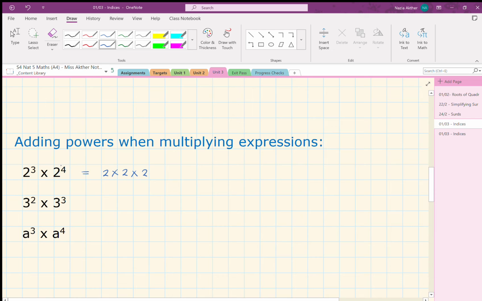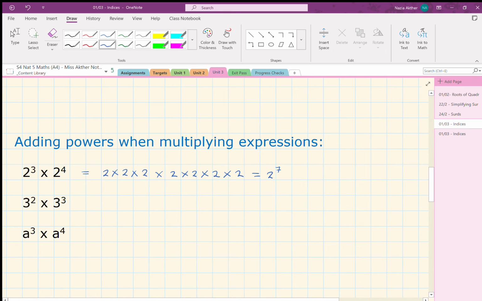Then we've got 2 to the power of 4, so that's times 2 times 2 times 2 times 2, another 4 2's. Then that is the same as 2 to the power of 7, because in total we've got 7 2's. So instead of writing this all out, we can write it in the short way, 2 to the power of 7, and we know how to do that because when we're multiplying expressions, we are adding the powers together.